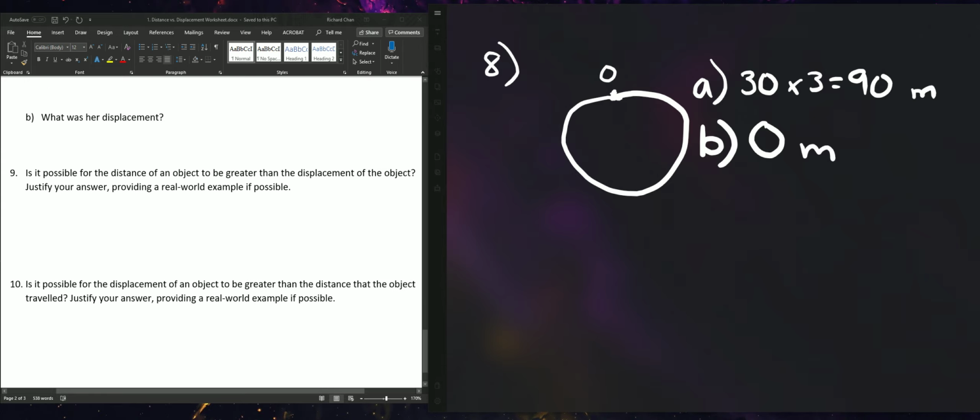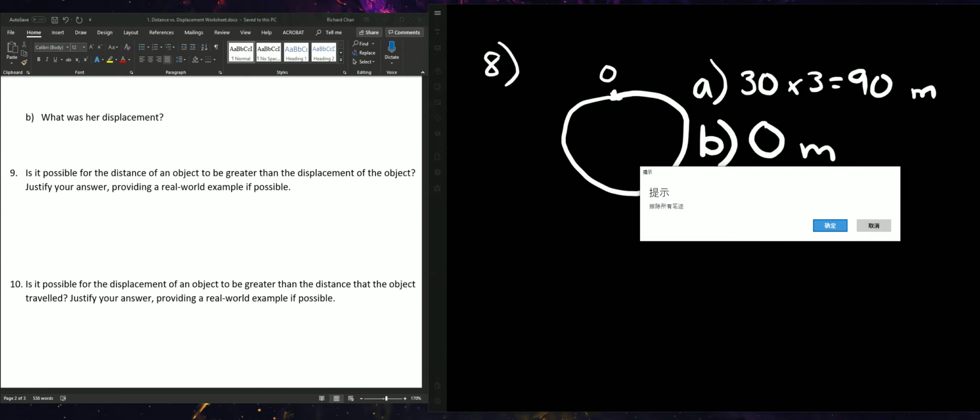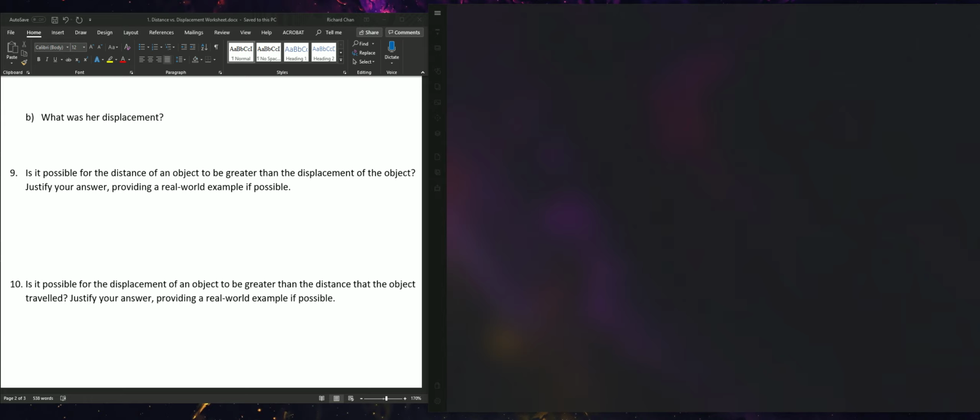Number 9, is it possible for the distance of an object to be greater than the displacement of the object? So let's say we take point A and we go to point B, right?